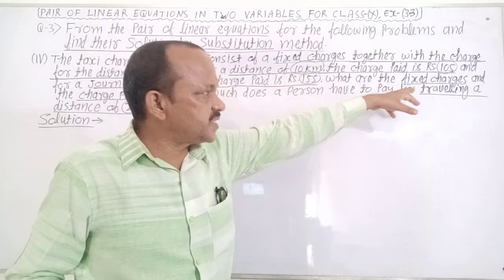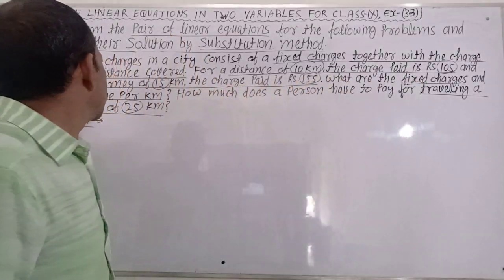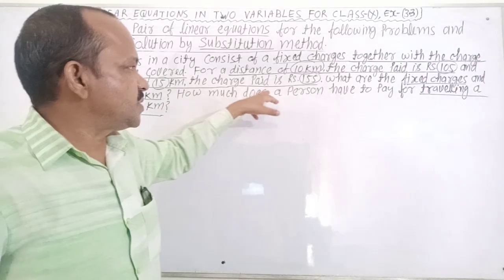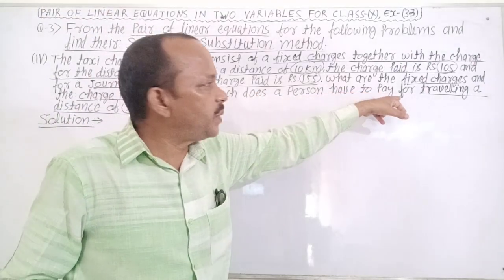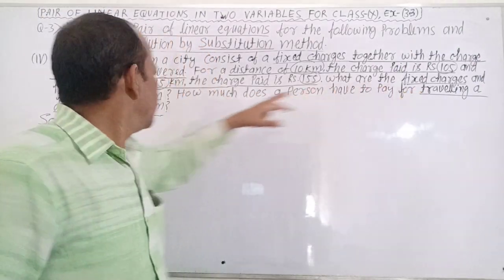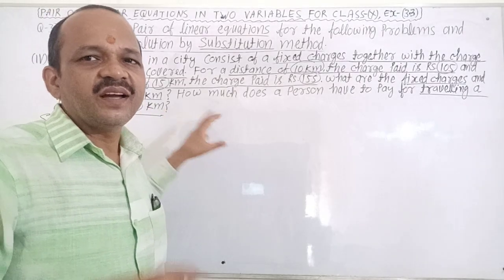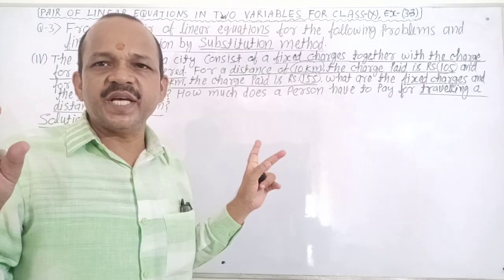What are the fixed charges and the charge per km? How much does a person have to pay for traveling a distance of 25 km? It is clear, no confusion about it.